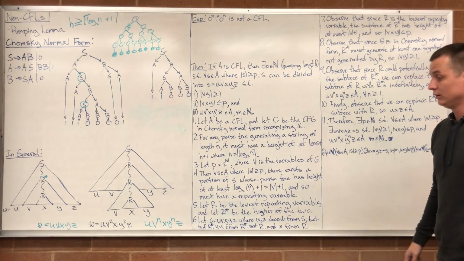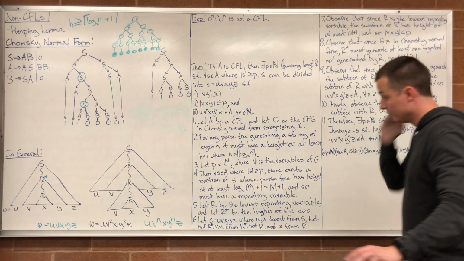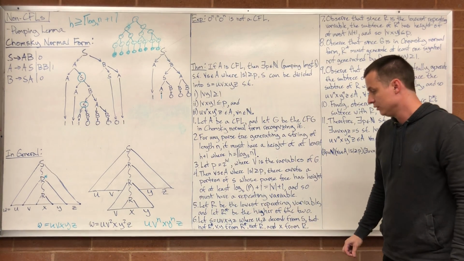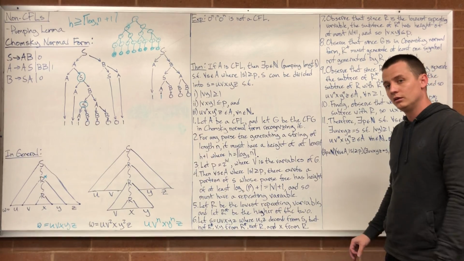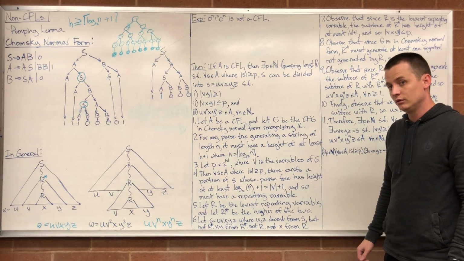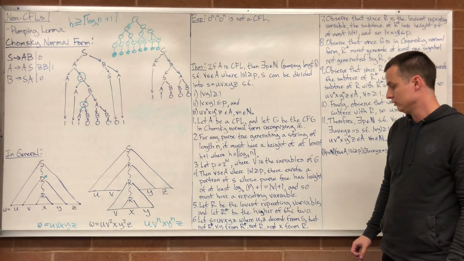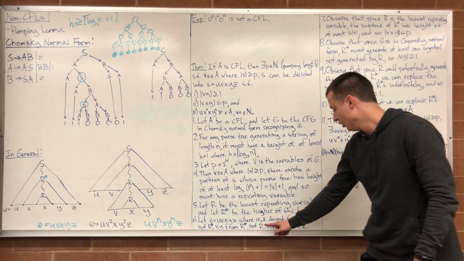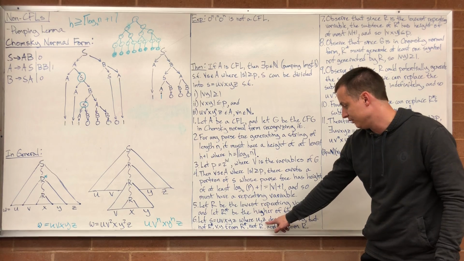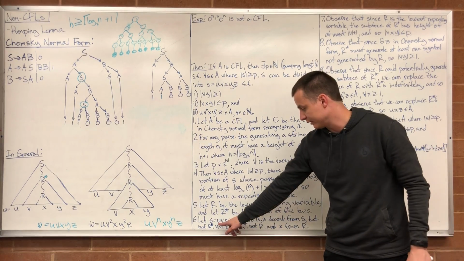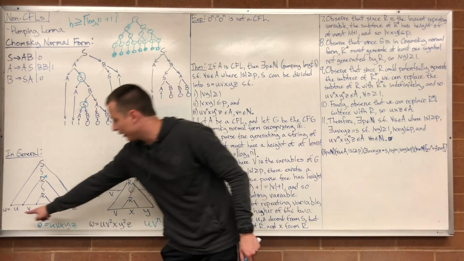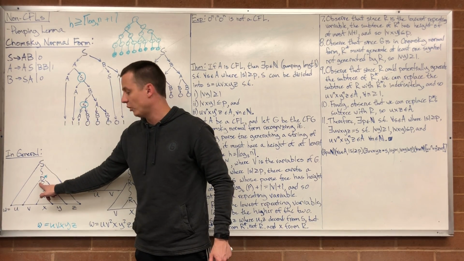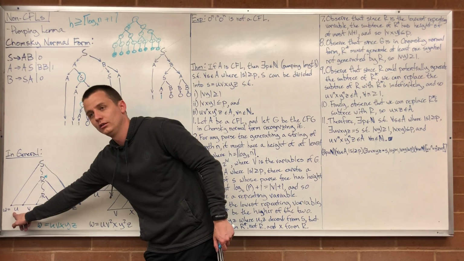I'm a little bit stuck on step 6. I get that you can divide the string into U, V, X, Y, Z, but I don't know how you can assign that V and Y are not part of, or U and Z are not part of R star, but are part of S and stuff like that. So U, since it's at the start of our string, it's going to be all of our string that ultimately came from S, but didn't come from R star at the start.